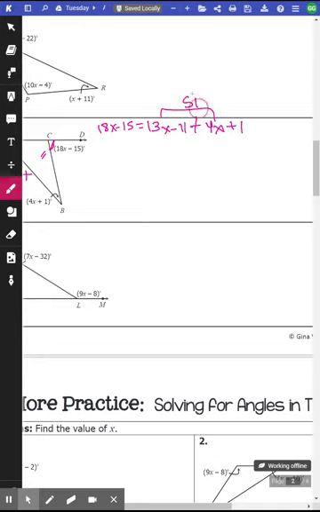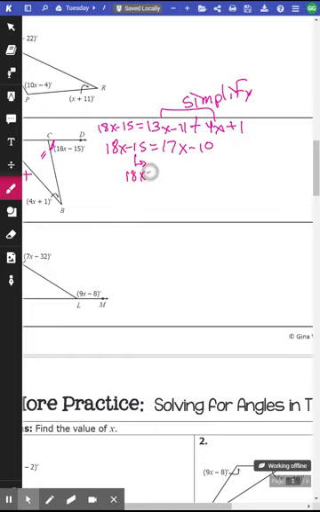We're going to simplify. 18x minus 15 is equal to, and then we combine everything, 17x minus 10. All right, so I'm going to move the minus 15 by adding 15 to both sides.